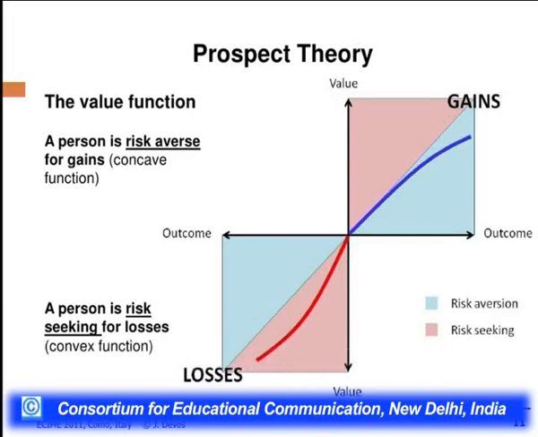So, whenever a gain comes, let's say if you get a profit of 100 rupees, and with that 100 rupees profit, how much value do you give to that winning of 100 rupees, we will draw this curve as a concave curve.